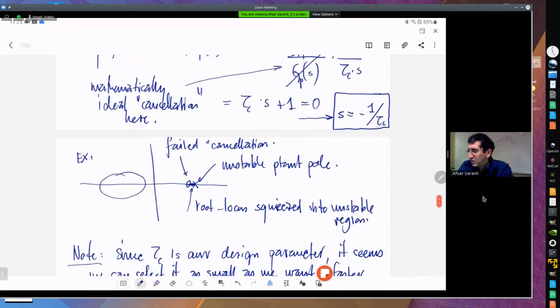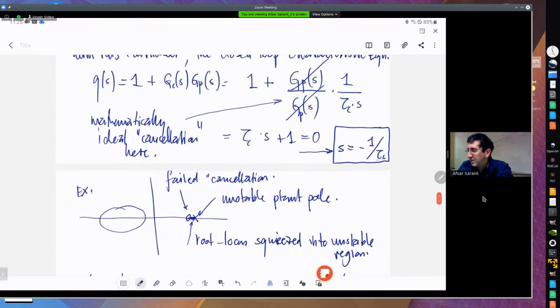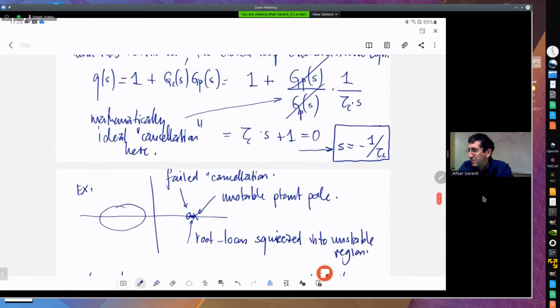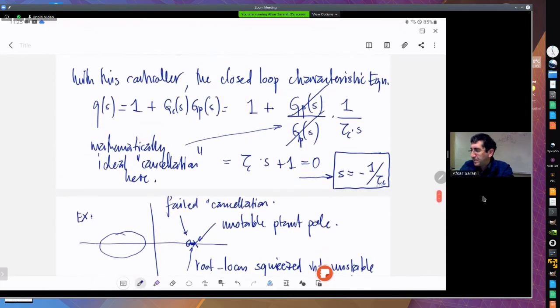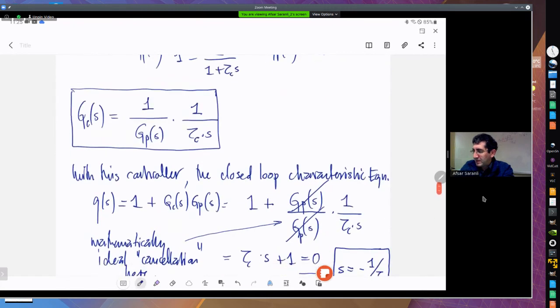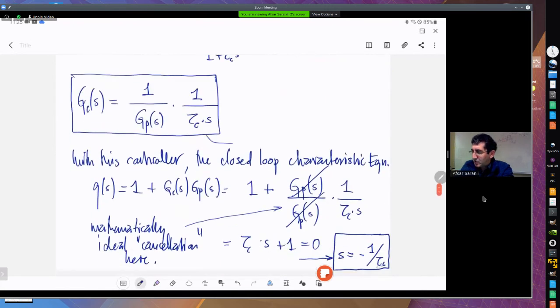right? So you see that tau c is here at the denominator. So if you make tau c very small, the gain of the controller will increase, and the gain of the controller has an effect on the signal going to the actuator. If you have a very, very large gain for the controller, that's going to saturate the actuator.